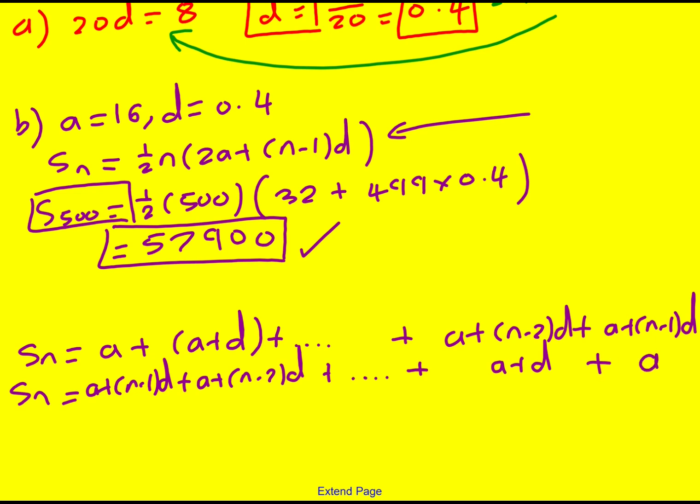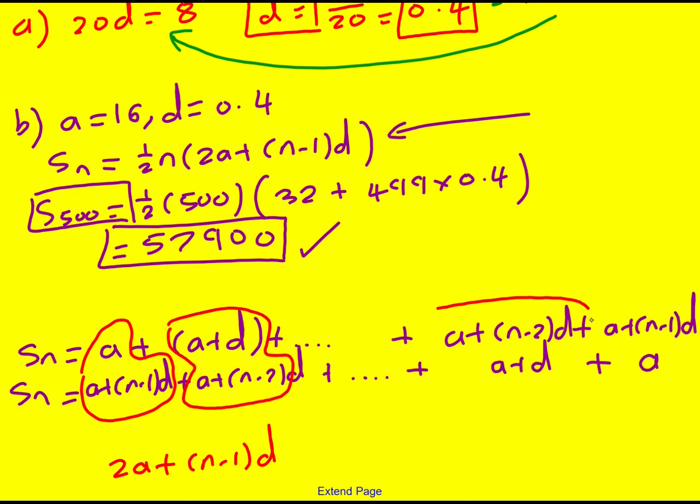And the reason we do that is that now we can just pair them up. We can say, right, here we actually have 2a plus (n minus 1)d. But as I go up the sequence, the term on the top, I'm adding a d, and the one on the bottom, I'm actually minusing a d compared to the ones on the left. So the pair always stays the same. All of these actually add to the same thing.